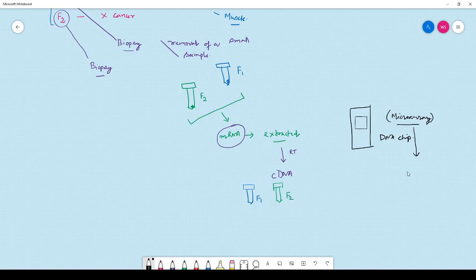To make a microarray, we take genomic DNA, and then we get primers for each gene. There are about 23,000 genes.